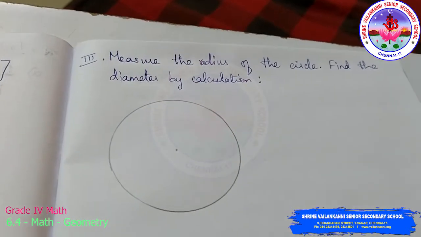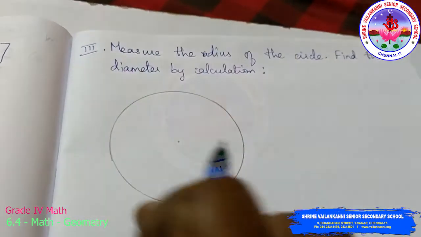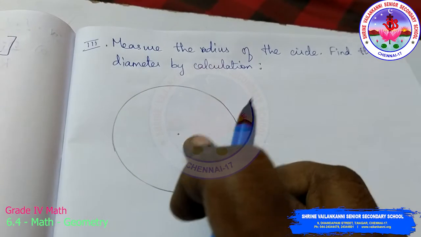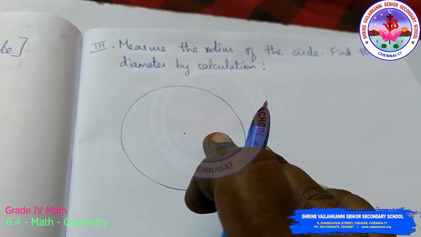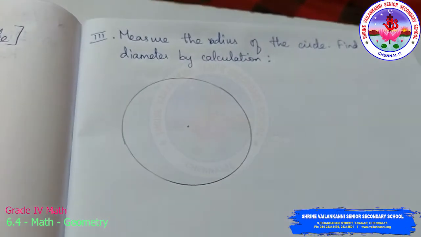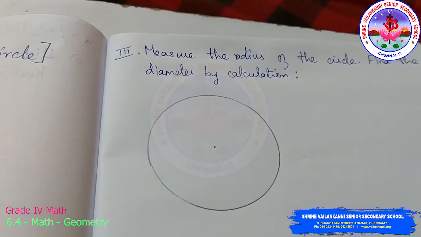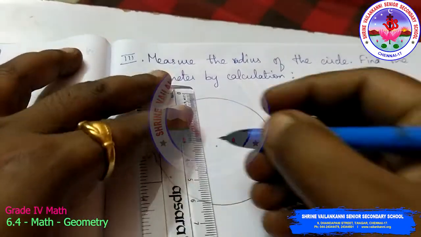Next we'll see how to measure the radius of the circle and how to find the diameter by calculation. The circle is given with the center point. First we have to measure the radius. For that we draw the radius from the center point to any point on the circle. After drawing, I measure it.